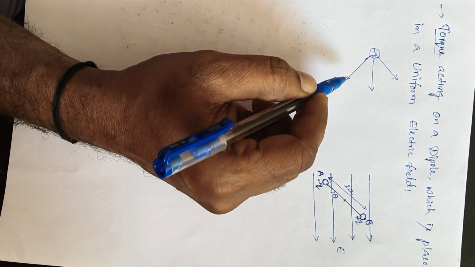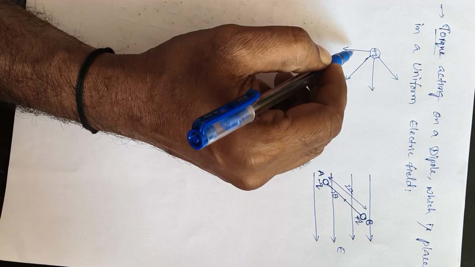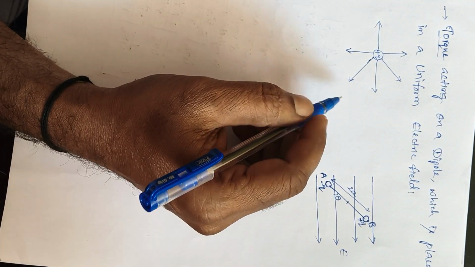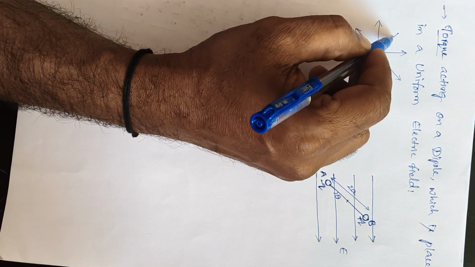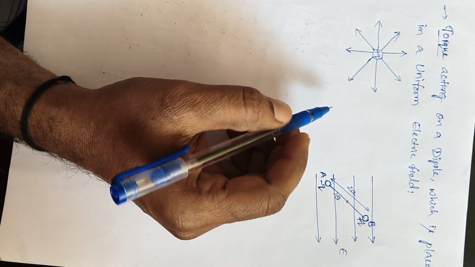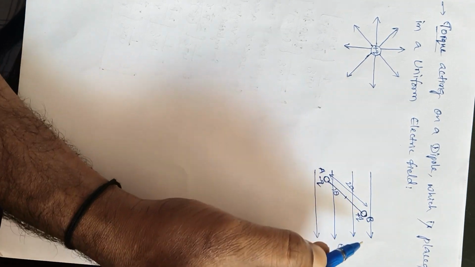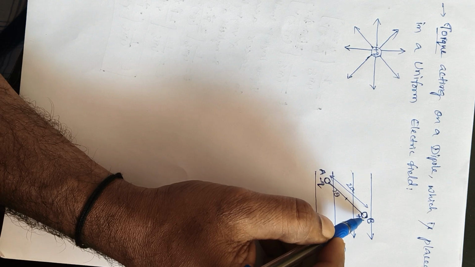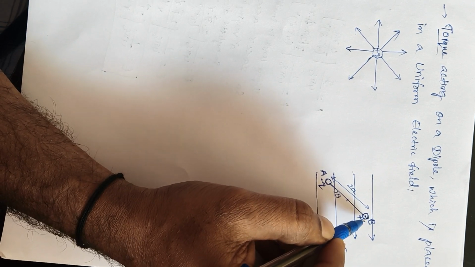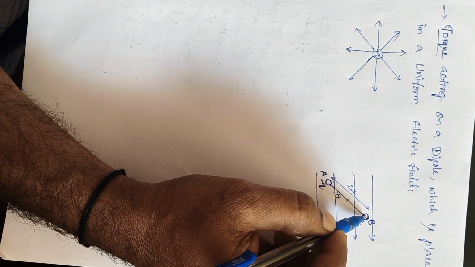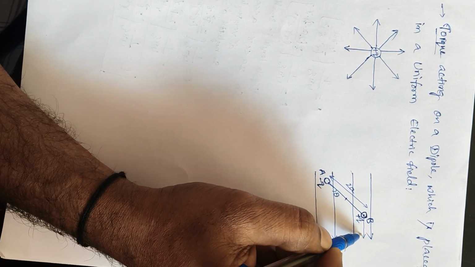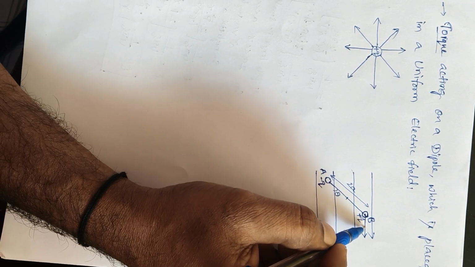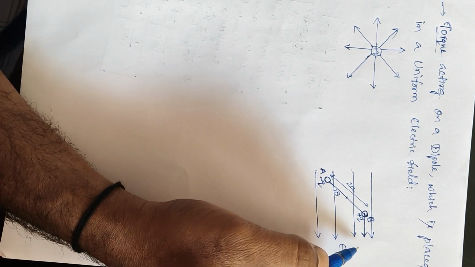So this is the positive charge's electric field lines, and here the electric field direction is from left to right. The definition of an electric field line is the path followed by a positive charge, so the positive charge moves along the direction of the electric field.